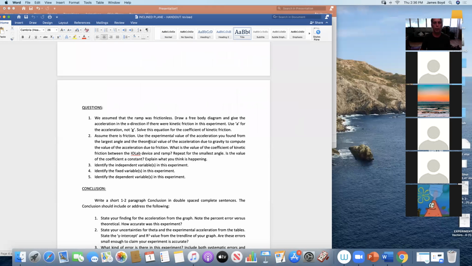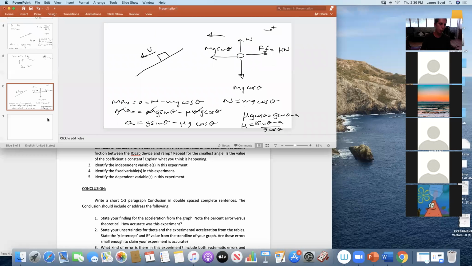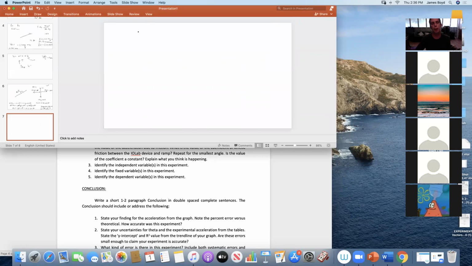Then I want you to assume that there's friction, and this is where things get a little bit weird. So you're going to assume that your experimental G, okay, let's say I got 9.1 meters per second squared with a minus. I want you to find what the acceleration due to friction is.